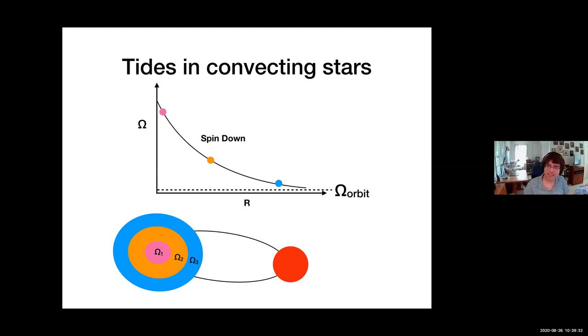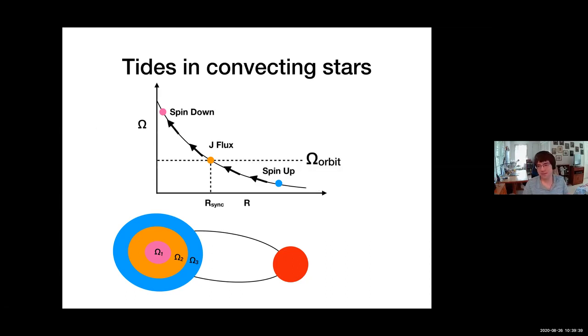And so because the total change of angular momentum changes sign between these two scenarios, there has to be something in between where there's no net change in angular momentum for the star. And so this is sort of what we think synchronization looks like for these stars, namely that some parts of the star are spinning faster than the orbit, and those are going to be spun down by the tidal torque.